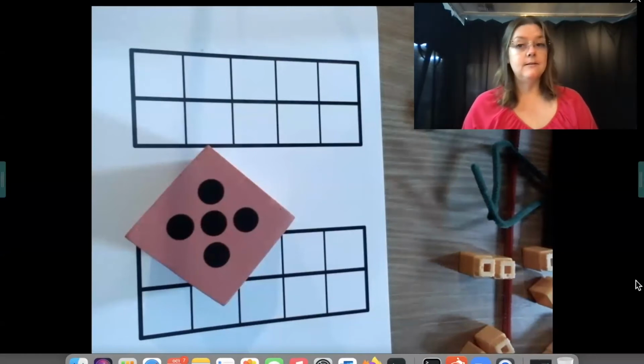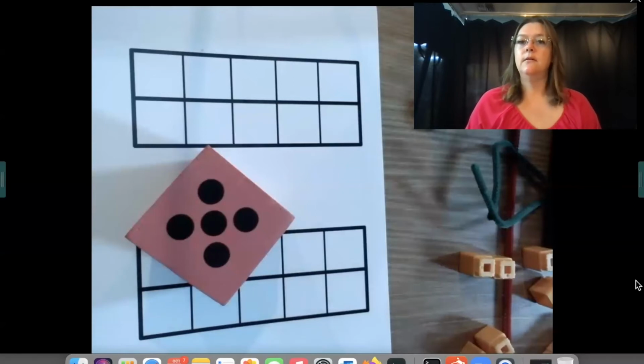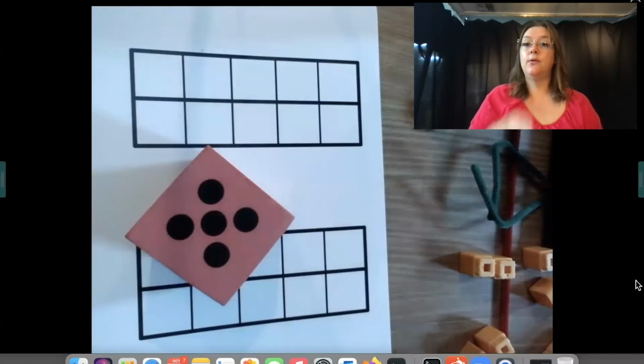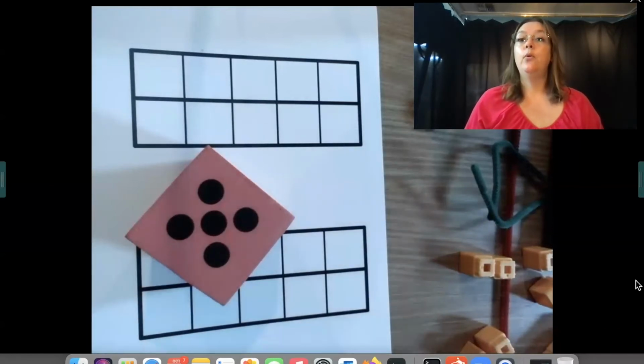Now, I've heard parents, I've heard teachers, and I've heard just about everybody say, well, I'm not a math person. That's not true. We all learn different ways. And so the way we learn math is a little bit different from others. Sometimes my way of thinking is not the same way with you. We have vertical learners who learn better when things are this way. We have horizontal learners who learn better when things are this way.